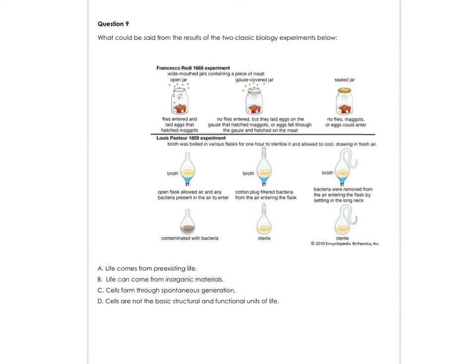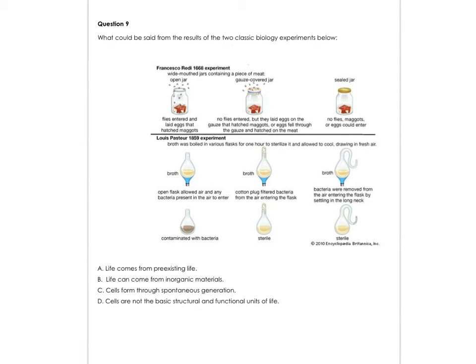Well, Redi just did a real simple experiment. He covered the same red meat in a different jar. Here's your control group without the cover. Here's one with a cover. It allowed air to get in and out, so there's not something magical in air, and light could get in and out, because maybe somebody would say it might be light that's making the change happen.